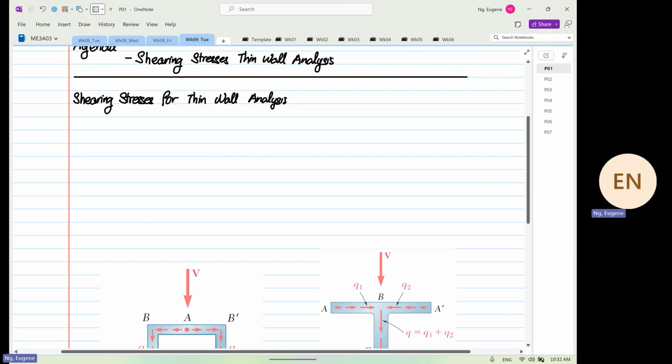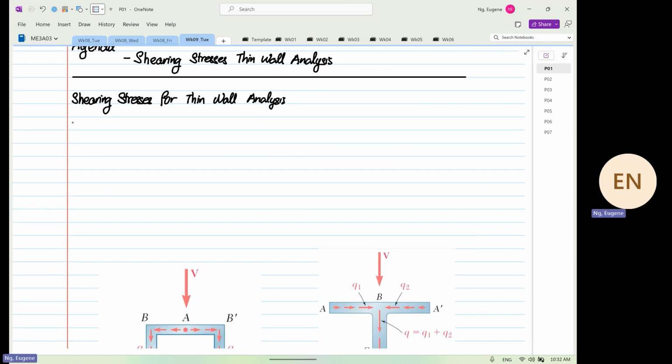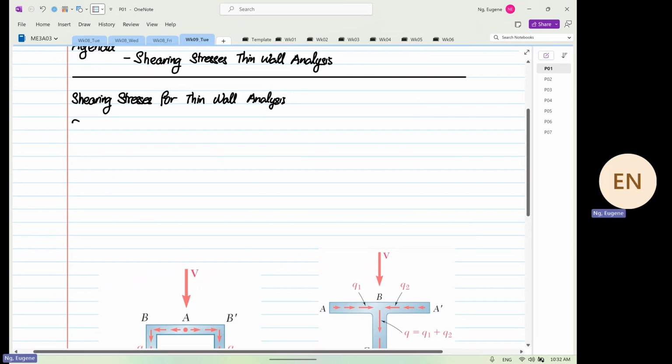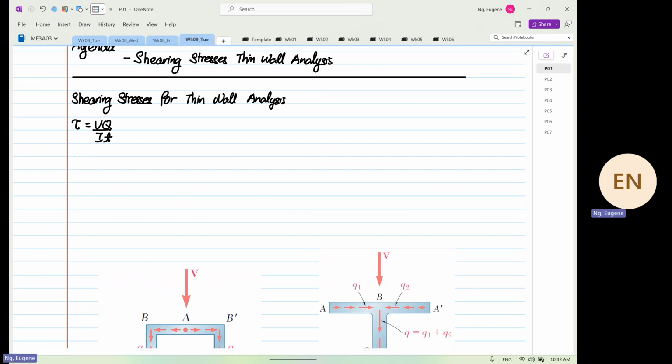Again, 2 formulas that we're going to use: shear stress is equal to VQ over It. And shear flow is equal to VQ over I.